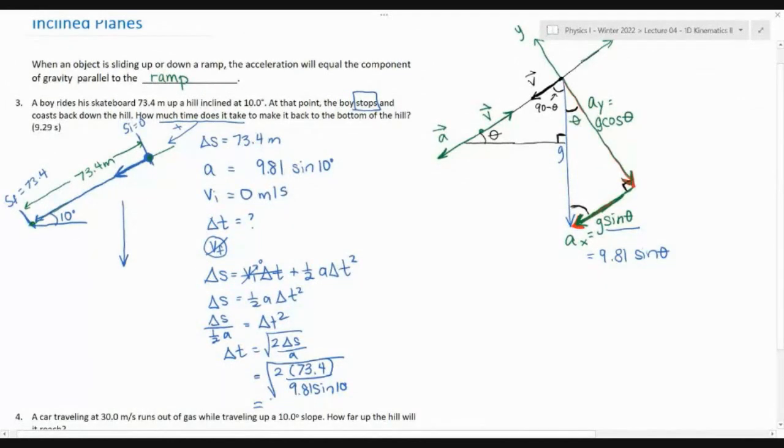Oh yeah, I already see an answer. I'll type it too. Yeah, I'm getting 9.28.